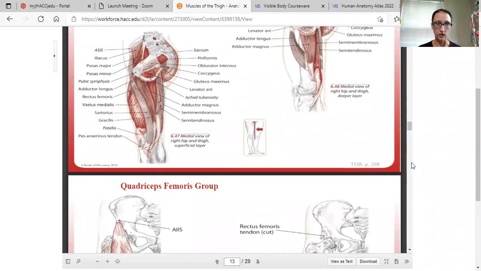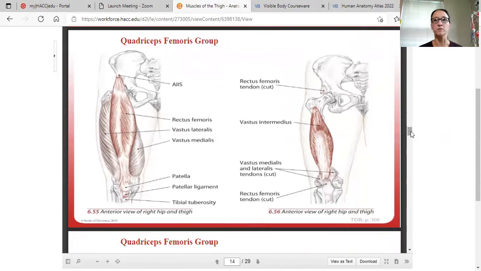All right, let's skip through here. There we are. So here's the quadriceps group, okay? Quadriceps group is made of 4 muscles, hence the term quadriceps, and we are now on page 306. So if you follow along in your book, that's where we are. We have rectus femoris, that's the most superficial quadricep muscle. It's on the anterior. Then we have vastus lateralis, as I mentioned, that's the lateral one, the huge one.